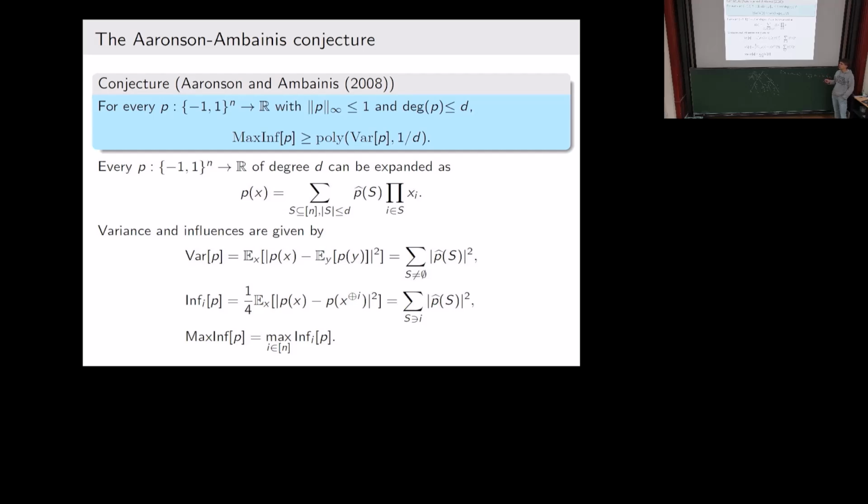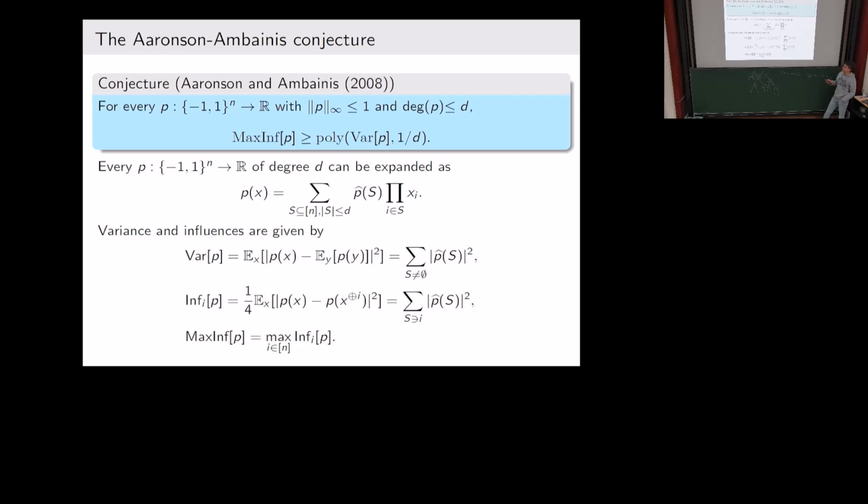We are also going to consider the influence, which is a measure of how relevant a variable is for the polynomial, and is also expressed in terms of the Fourier coefficients as the sum of the squares of the Fourier coefficients involving that variable, and the maximum influence is just the maximum of the influences.